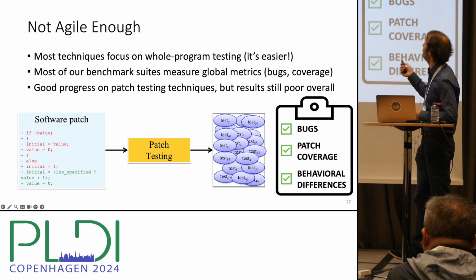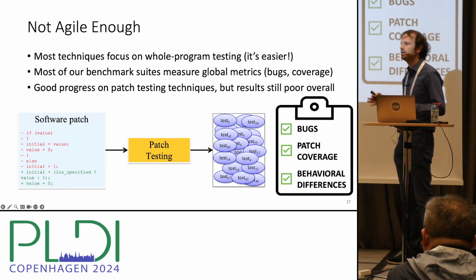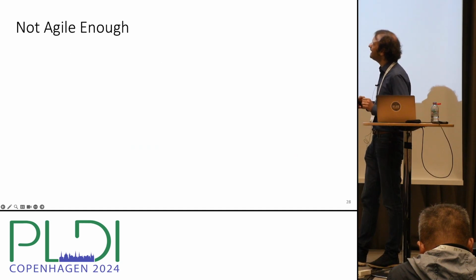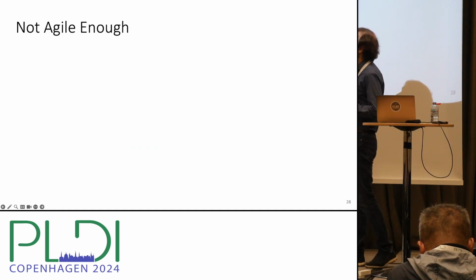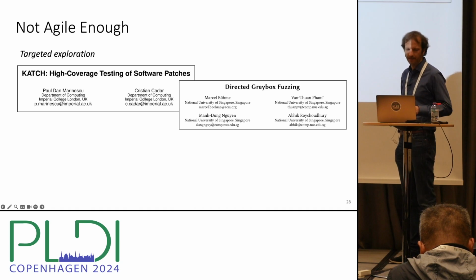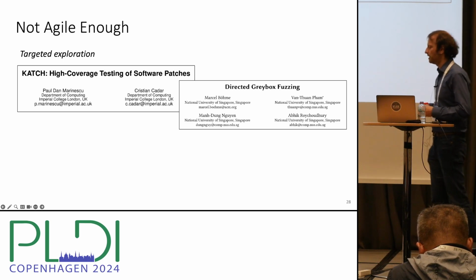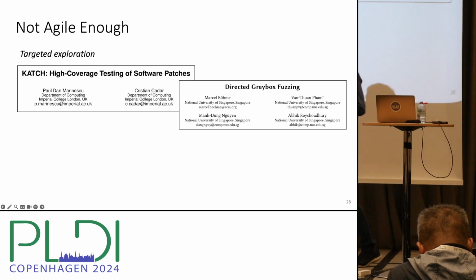And I say here, one reason is that, having done both, whole program fuzzing is easier than doing patch testing. This being said, there are actually good opportunities for testing changes, patches.